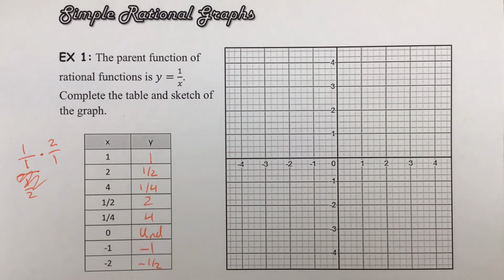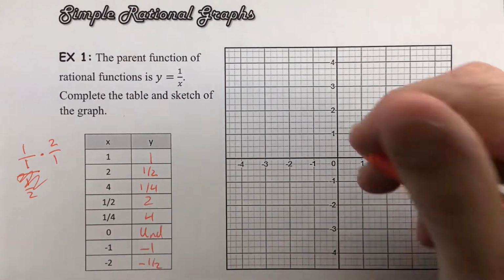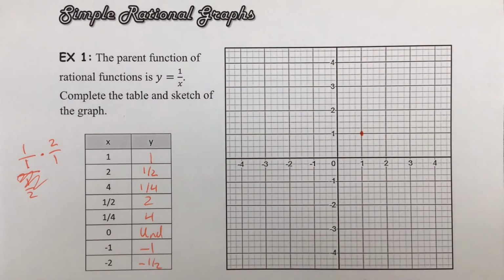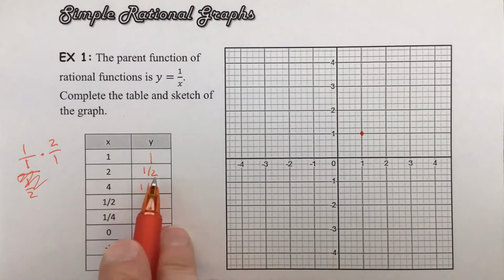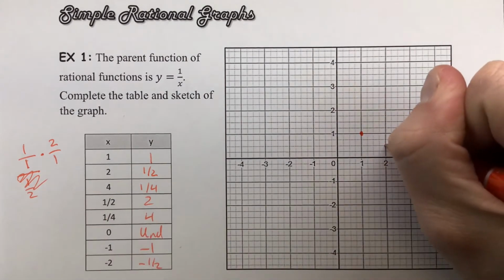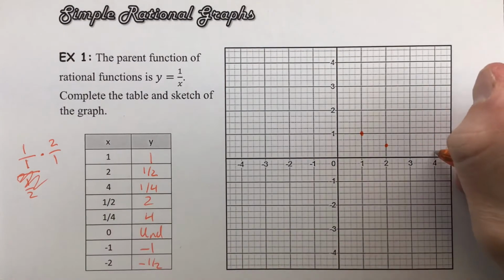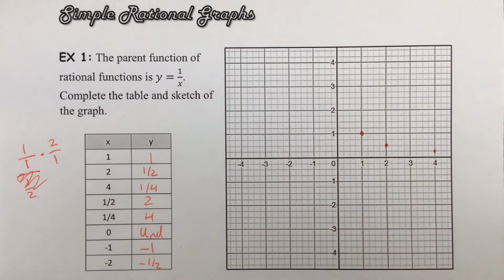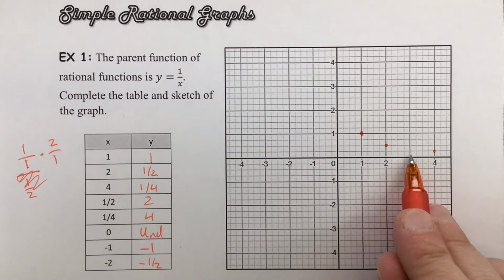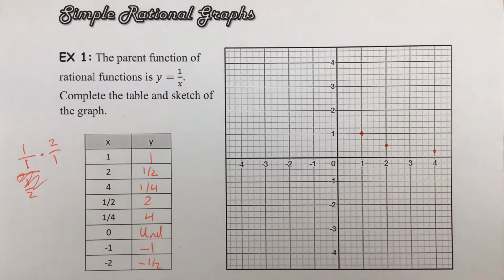Okay, so let's plot some points here. We got a point at 1, 1, which is here. You got 2 and 1/2, which is here. You got 4 and 1/4 here. And of course you would have 3 and 1/3, but that one's a little bit hard to graph, so I skipped over it.